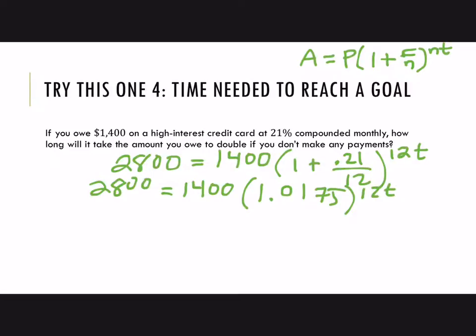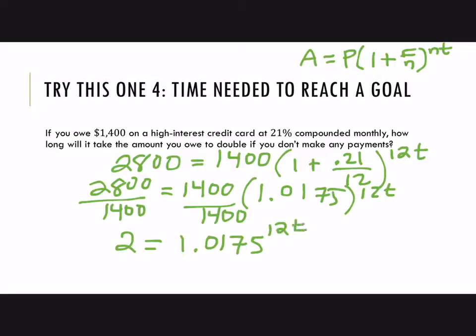The next step was to divide by whatever that principal number is. Move the principal over, and we get 2. So we have 2 equals 1.0175 to the exponent 12t.